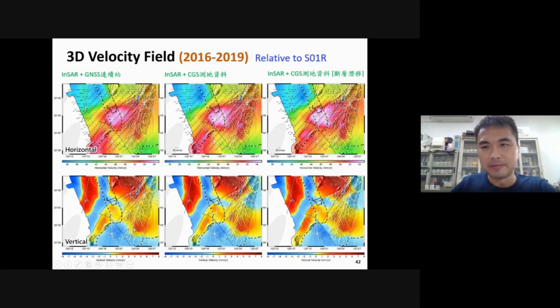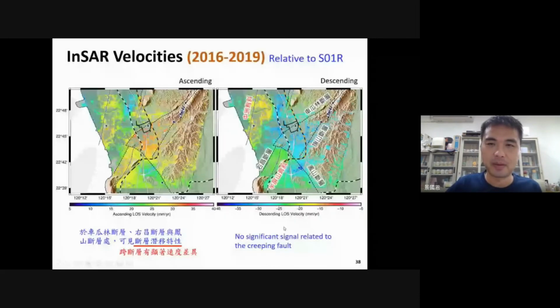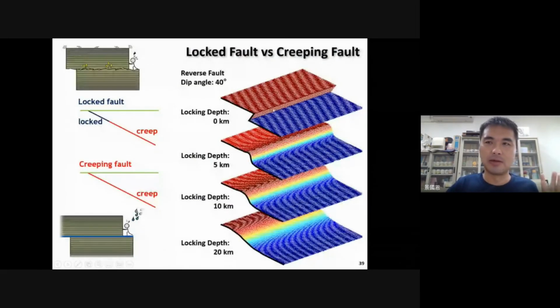And we could get a very clear velocity change from here to here. Just like what I showed you here. So once the fault is creeping, we could get a very clear velocity difference.